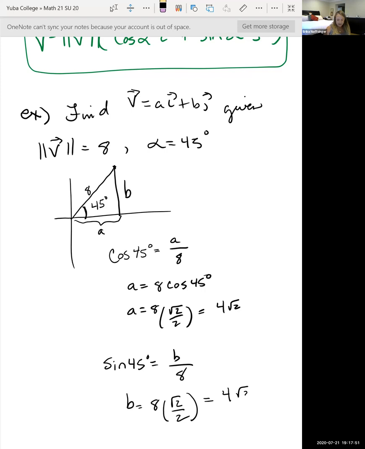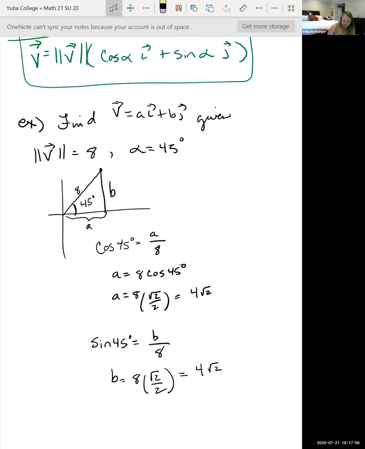So we know what a is and we know what b is, and so our vector v is equal to 4 root 2 times vector i plus 4 root 2 times vector j.